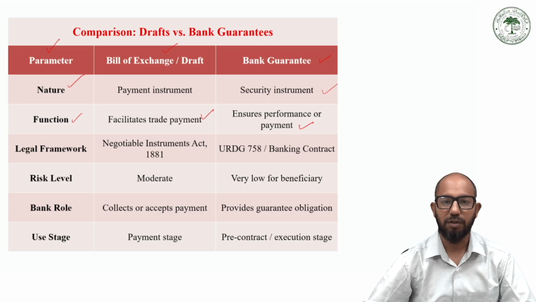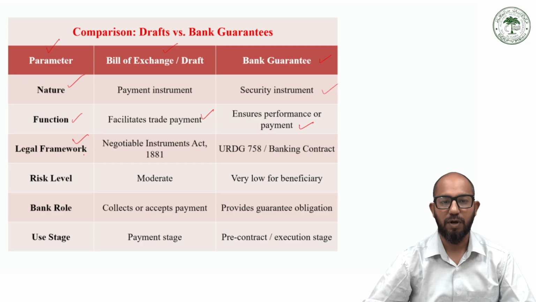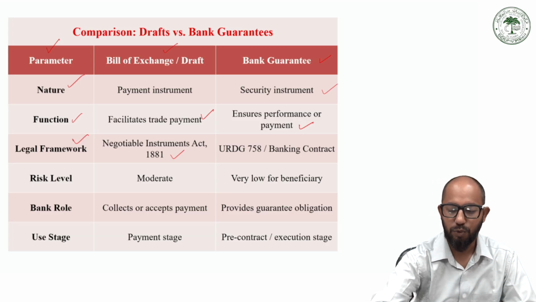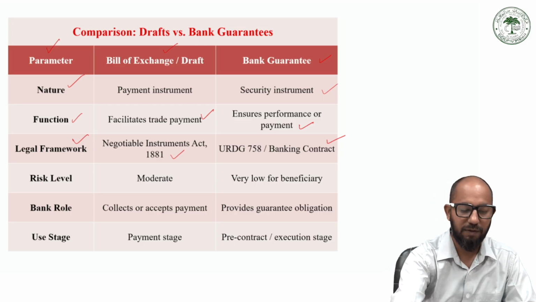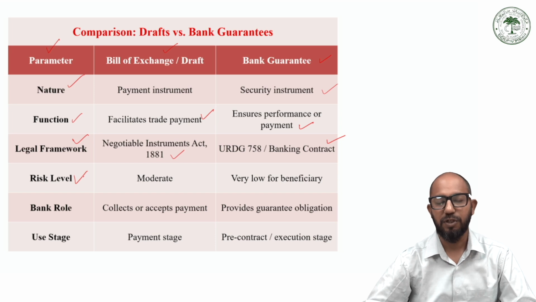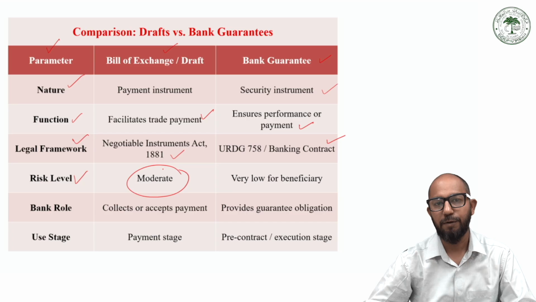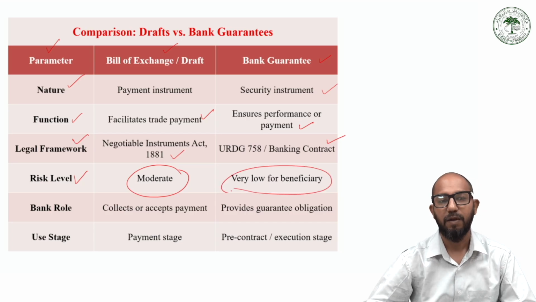With respect to the third parameter, that is legal framework, bills of exchange or drafts come under the Negotiable Instruments Act 1881 of India. On the other hand, a bank guarantee falls under URDG 758 or banking contracts. With respect to risk level, in bills of exchange and drafts the risk is moderate, while in a bank guarantee the risk is very low for the beneficiary.